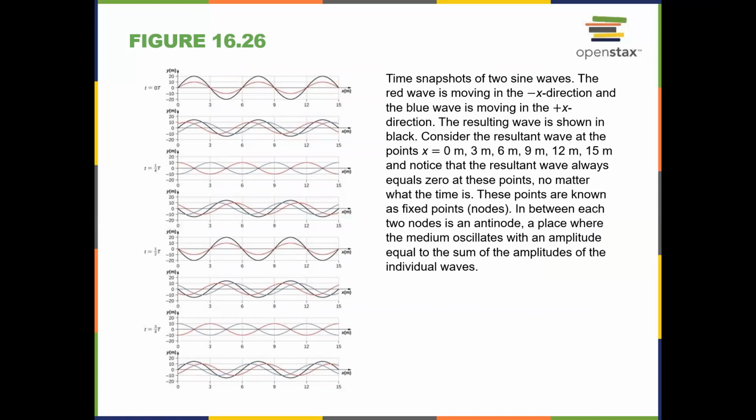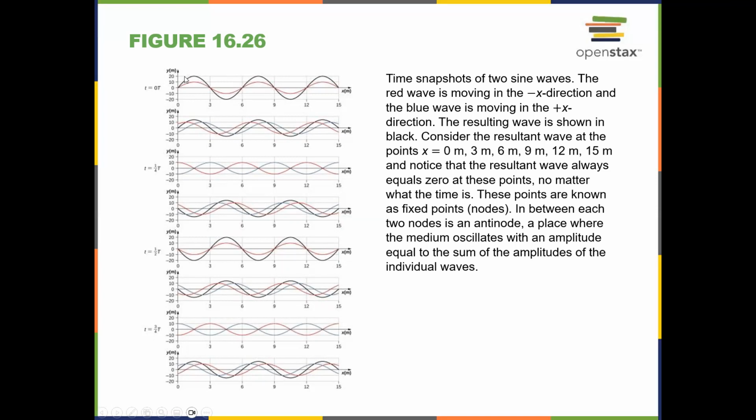So for example, here's a little closer look. The red wave is moving to the right, and the blue wave is moving to the left. And what we see is if you look at the resultant wave, there's certain points that are always zero. And then this part of the wave seems to oscillate up and down.